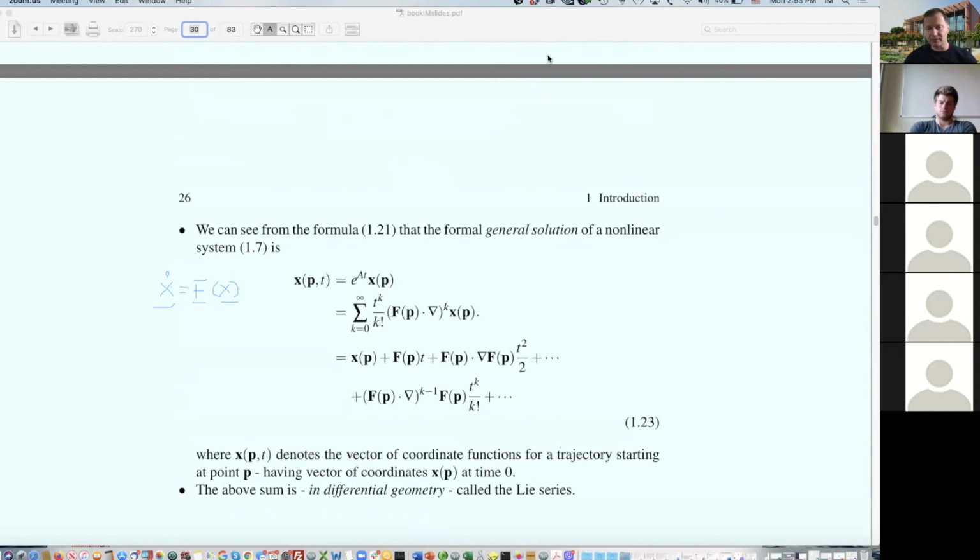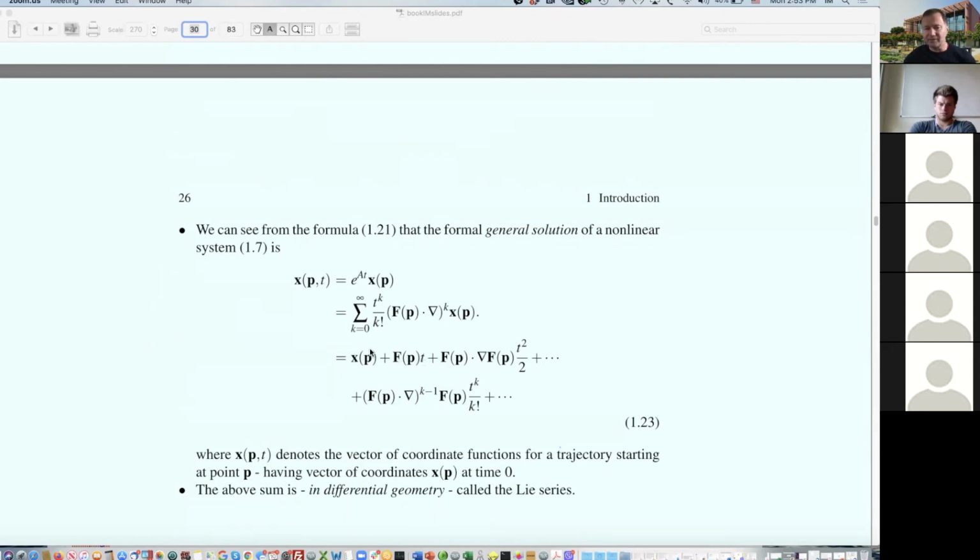Now let me stop there and notice the following thing. If I neglected the third term and the fourth term, you would be left with x at time t is x of p plus f of p t.